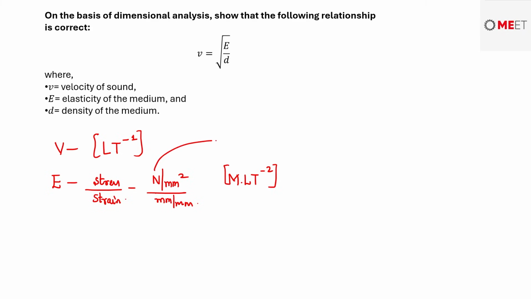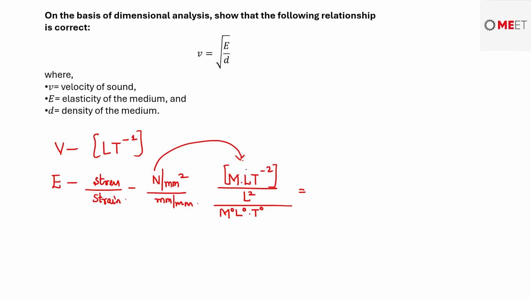This is the dimensional formula for the force. Per mm square or meter square, it is given by L square in the denominator. And for strain, it is a dimensionless quantity, m0 L0 T power 0.